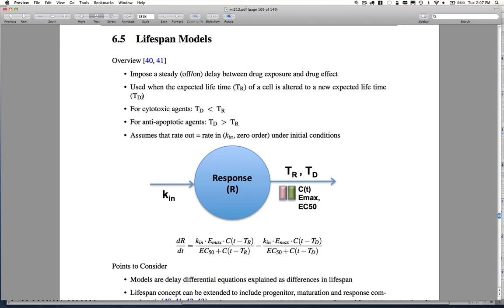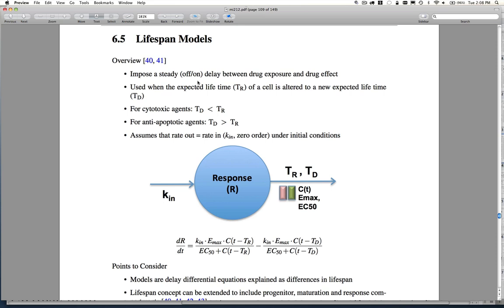So the nice thing is that, based on what TD is, you can either have the lifespan be prolonged so that the cell lives longer, in which case TD would be greater than TR, or, in the case of, for example, a cytotoxic agent, you would have the new lifespan of that cell being shorter than the original expected lifespan, TR. And so once you've reached the time of the delay, then those new cells would start to take over that new lifespan.